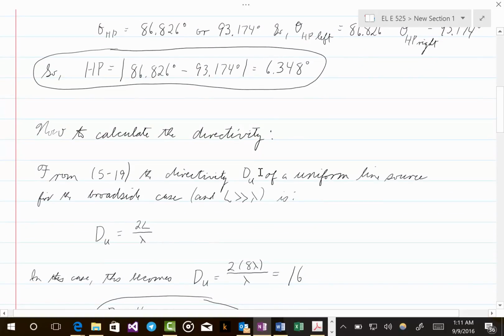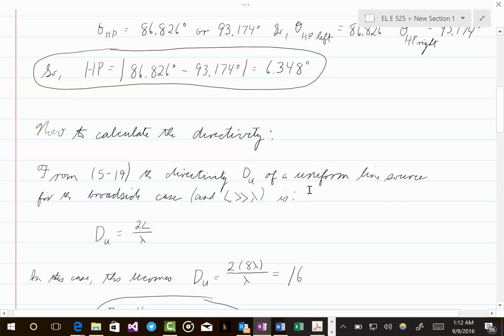This is just a very straightforward calculation once you're familiar with the relevant formulas in your book. The correct formula to look at for a uniform line source broadside case is equation 5-19, and in that equation we are given the directivity of this uniform line source, which we're denoting D sub u, the u is just to remind us it is for a uniform line source.